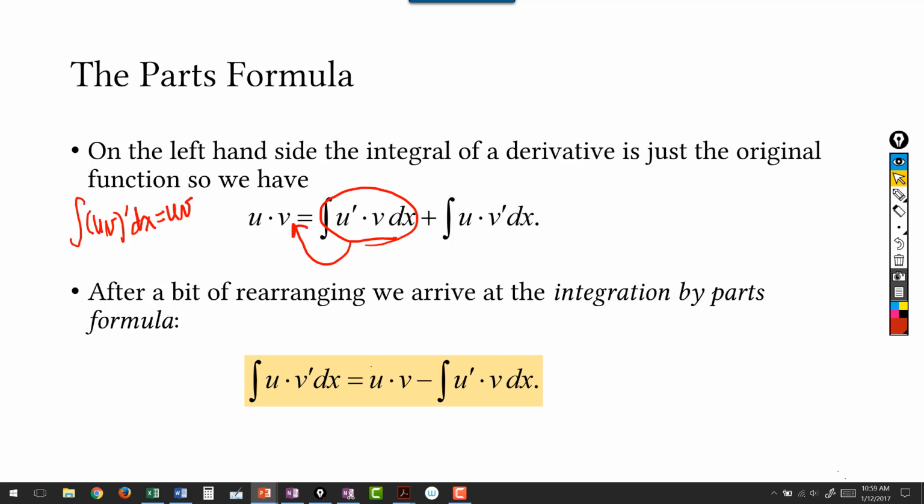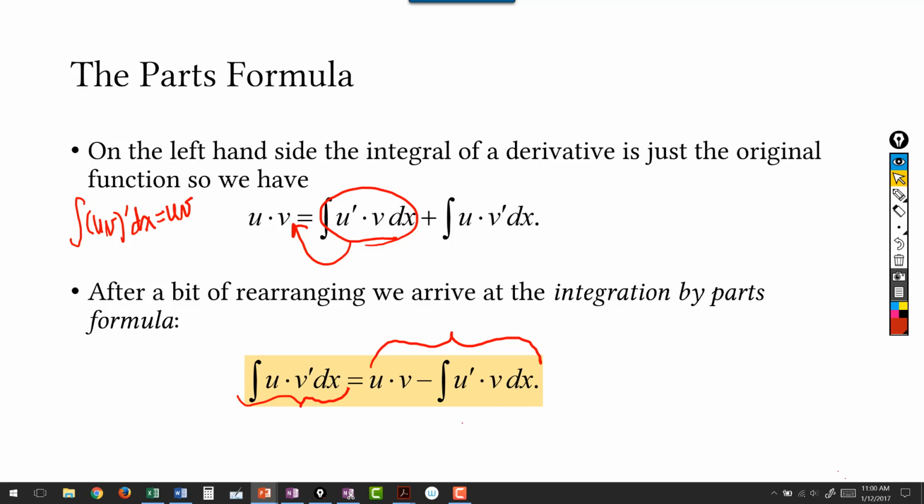And so what we get is down here, and then just using standard practice, I've flipped the equation so that the right-hand side in the original is now the left-hand side. So we have the parts formula: the integral of u v prime dx equals u times v minus the integral of u prime v dx.